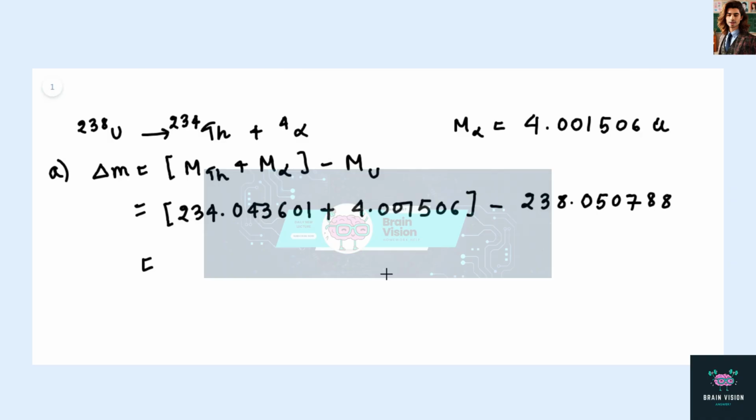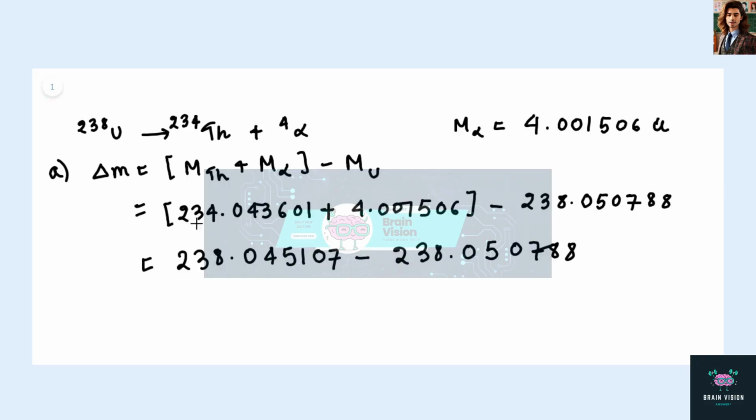That is 238.045107, and what you have on the left was 238.050780. See, the total mass that you have on the right is a little less than what you have on the left, and it's like 1/100th of an atomic mass, because this is given in U, atomic mass unit, the standard mass unit.